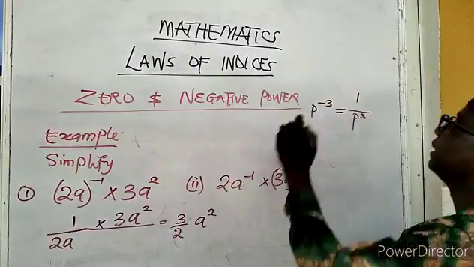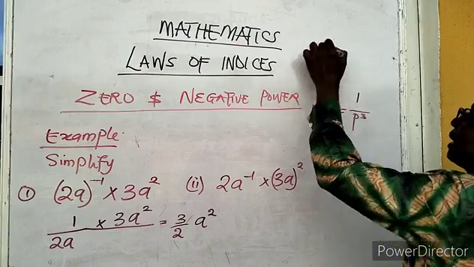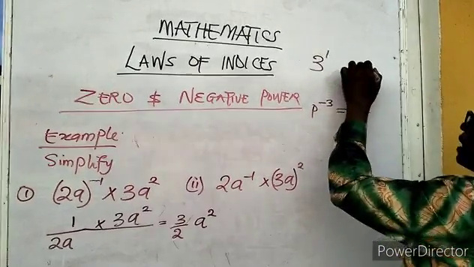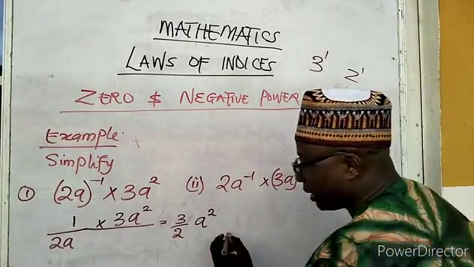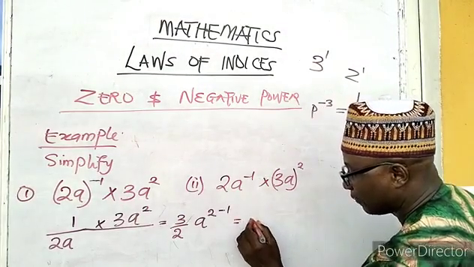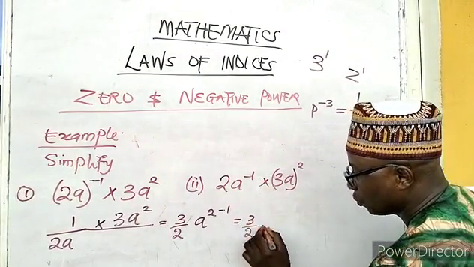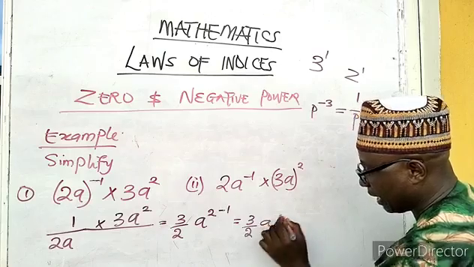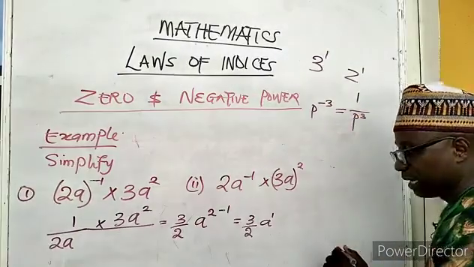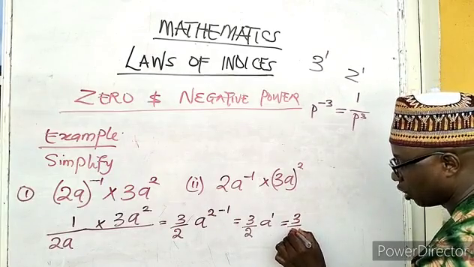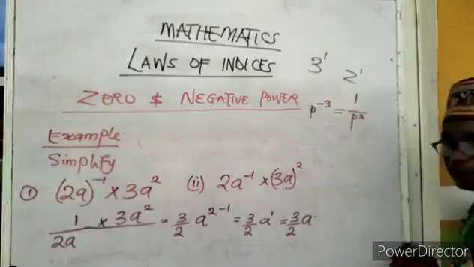They call 3 something as 3 raised to the power of 1. They call a something as a raised to the power of 1. So now this one means minus 1. And what do we now have? We have 3 all over 2 from this 2. That is a raised to the power of 1. But a raised to the power of 1 is the same thing as a. So this one is going to be 3 all over 2a.